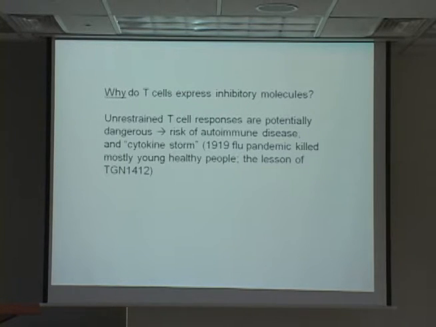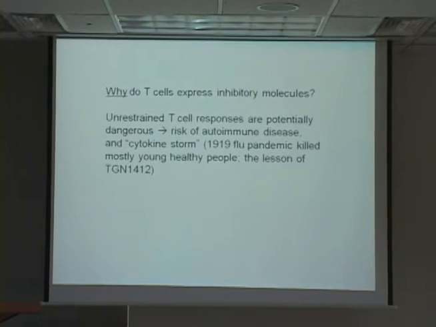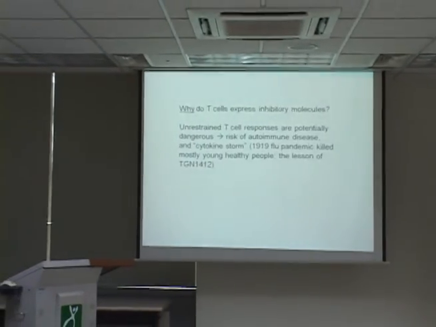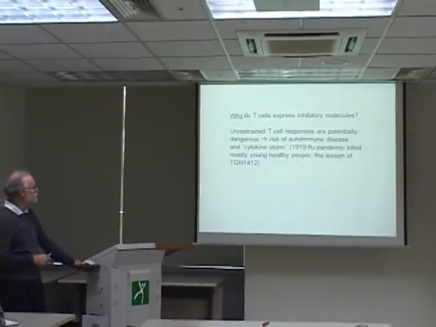You'd think that it would be much better to not express these molecules so that the immune response would be efficient, and then you could eliminate these pathogens which normally get chronic infections. The problem here is that if the immune response to chronic infections is too vigorous, then you can have bystander damage and death from pathology.